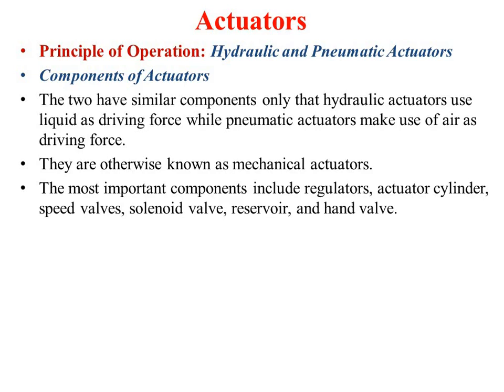So the most important components used in this actuator are the regulator, actuator cylinder, speed valve, solenoid valve, reservoir and a hand valve. So these are the components generally used in any kind of hydraulic or pneumatic actuator.